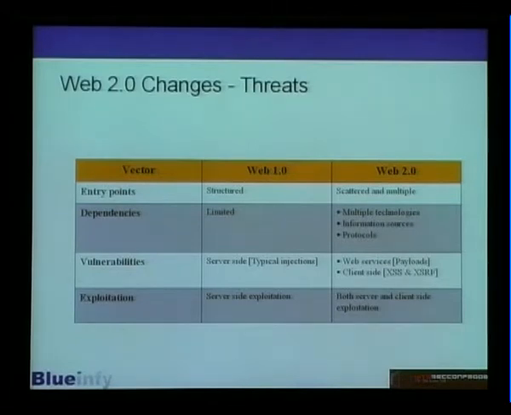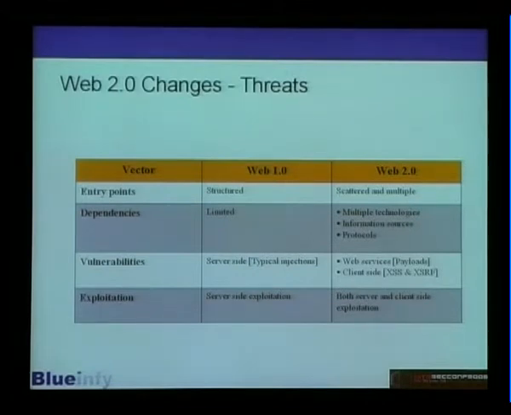Now looking at dependency, on 1.0 we had limited dependency; on 2.0 we have multiple technologies to deal with, many information sources to be consumed, and many different protocols coming up. All this is confusion, which is bringing up some new vulnerabilities with the same old payload.